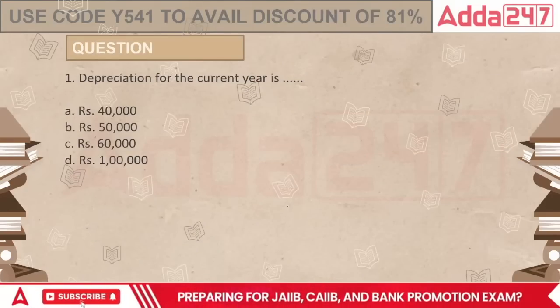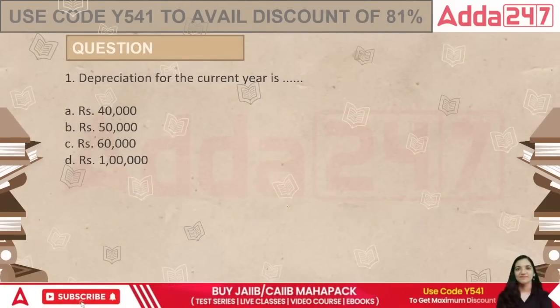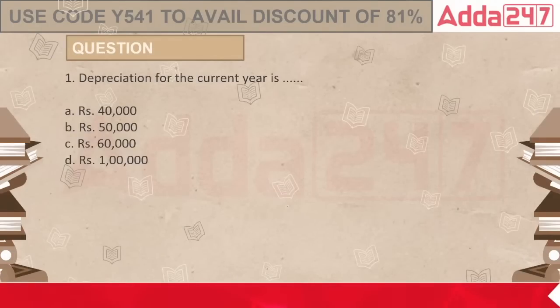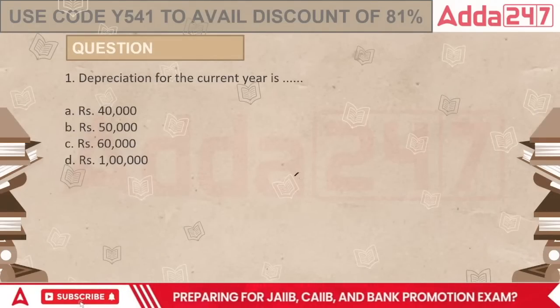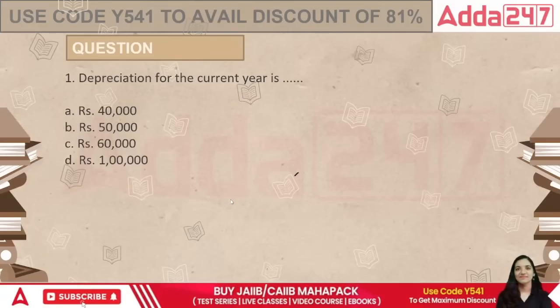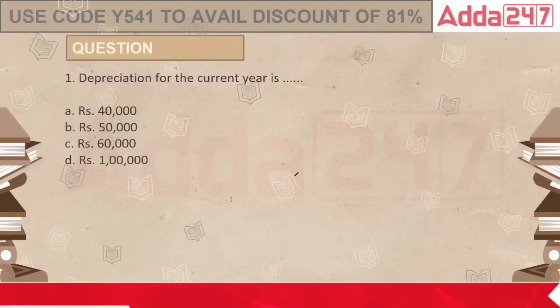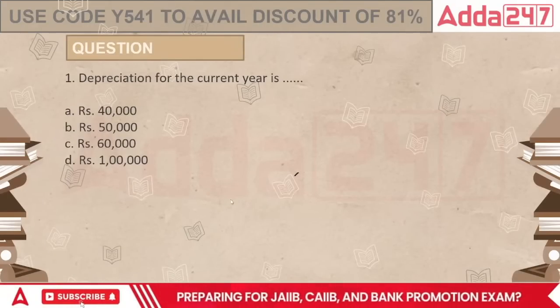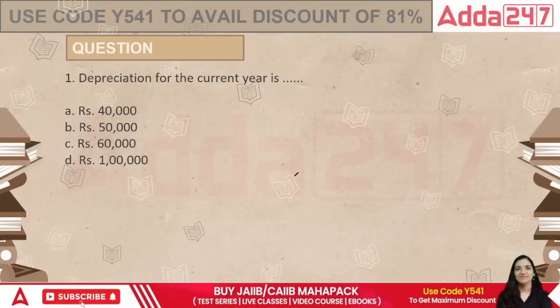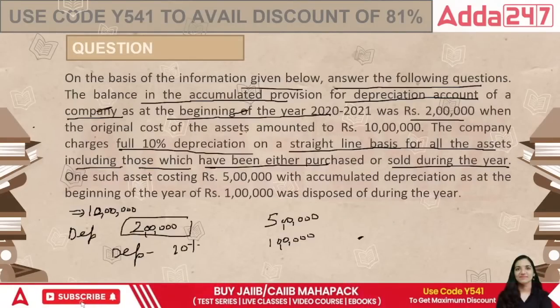The depreciation for the current year would be what? 40,000, 50,000, 60,000 or 1 lakh. Technically, we'll assume that if nothing is specified, it is sold at the end of the year.